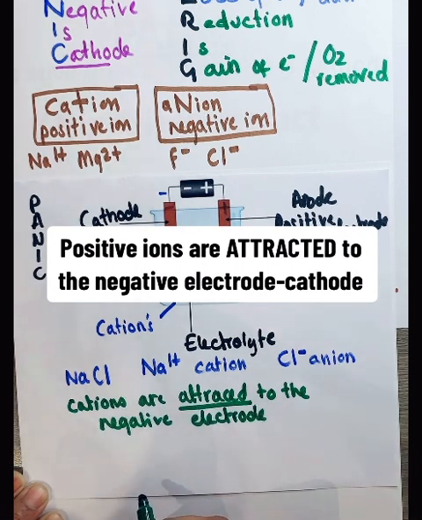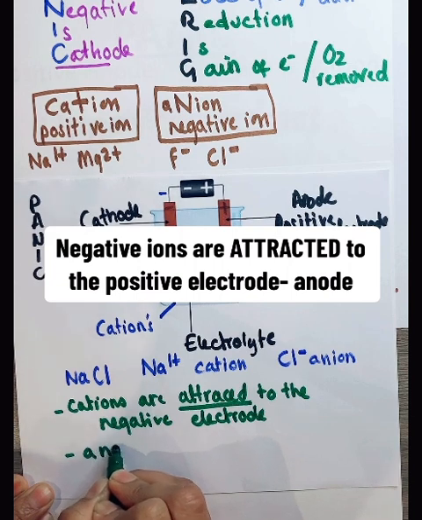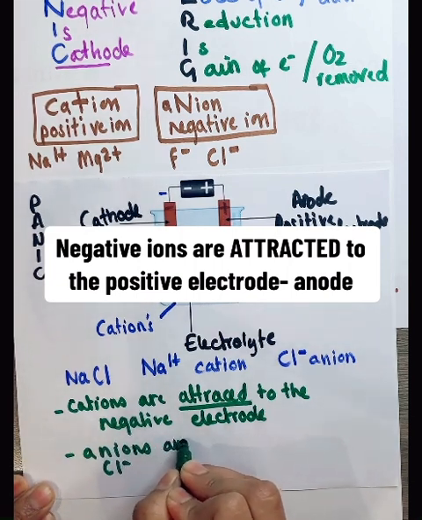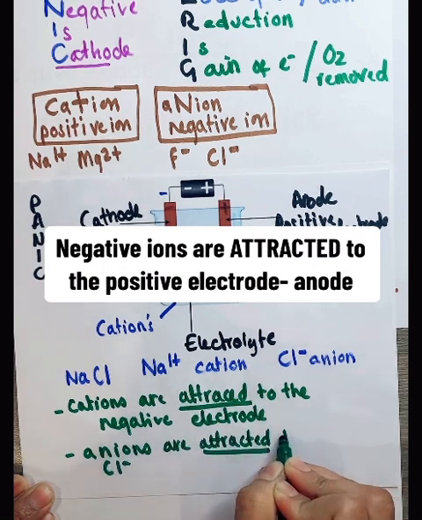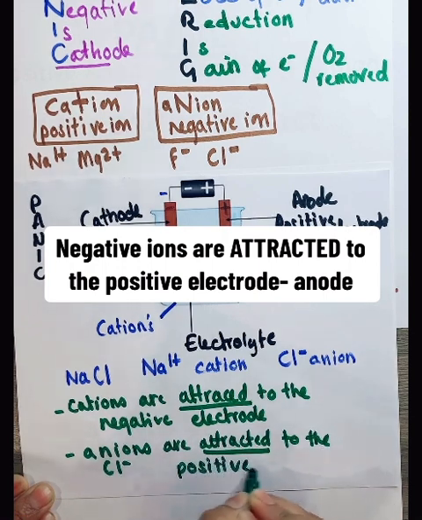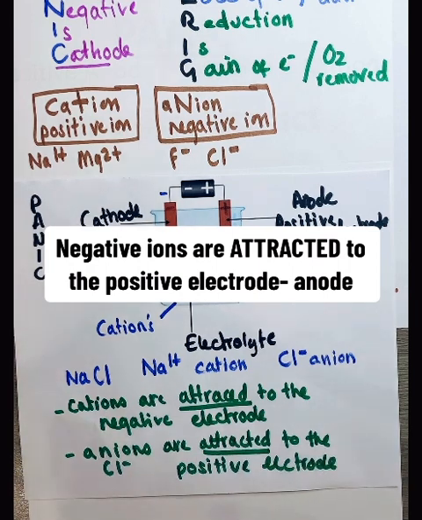Okay, so the cations, the positive ions, are attracted to the negative electrode. That's the first sentence. And the anions, or you can say the chloride ions, are attracted, and this is the word examiners look for, to the positive electrode. And that is how electrolysis splits up an ionic compound.